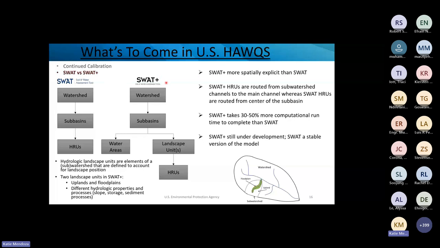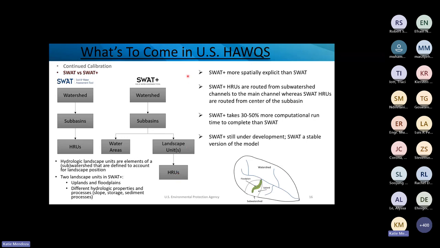When you're looking at the SWAT Plus model, you have a little bit more routing distinction, where your watershed goes to subbasins, and then you have distinct water areas, and then they're separated into landscape units. Landscape units consist of uplands and floodplains, and then those landscape units are translated into HRUs.